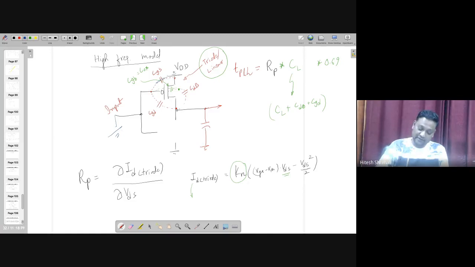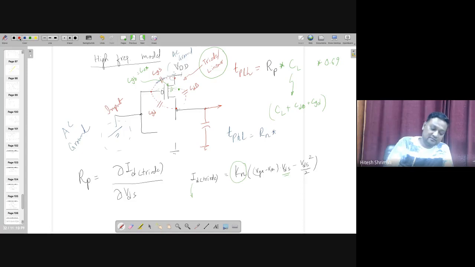And note that we are doing this because they are the AC ground. So these are the AC ground. Okay. So in that case, you can have all these capacitances in the picture, and this will be the low to high. Similarly, you can find out high to low, which is going to be equal to Rn times. So let's keep the transistor and keep all the capacitances.